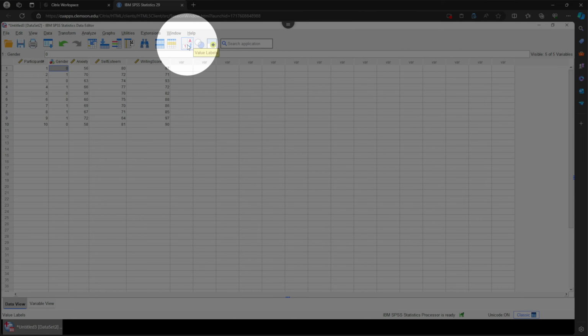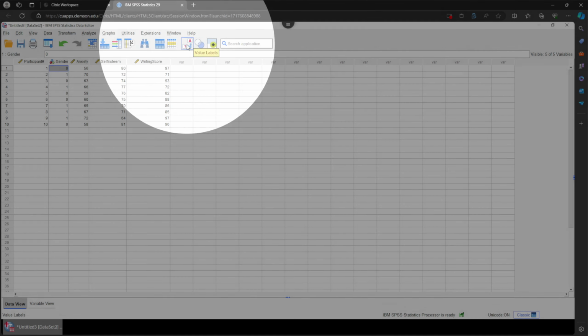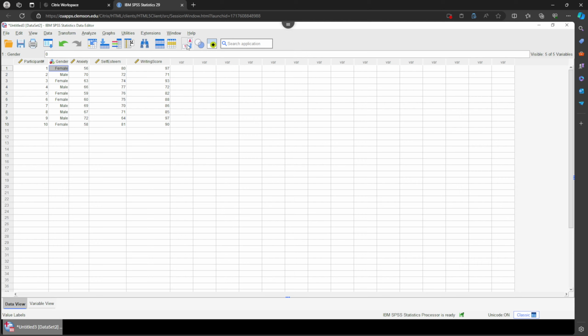If we look right here, it's called the value labels button. And anytime I click this, it's going to toggle back and forth between either the words or the numbers that are associated with those values. Sometimes it's helpful to know the actual numerical coding that it was assigned, but oftentimes it's easier to just look at the words, and so we can switch back and forth using that button.